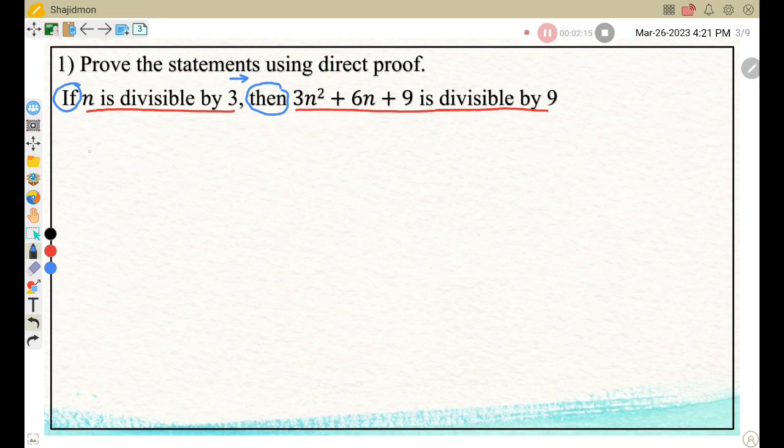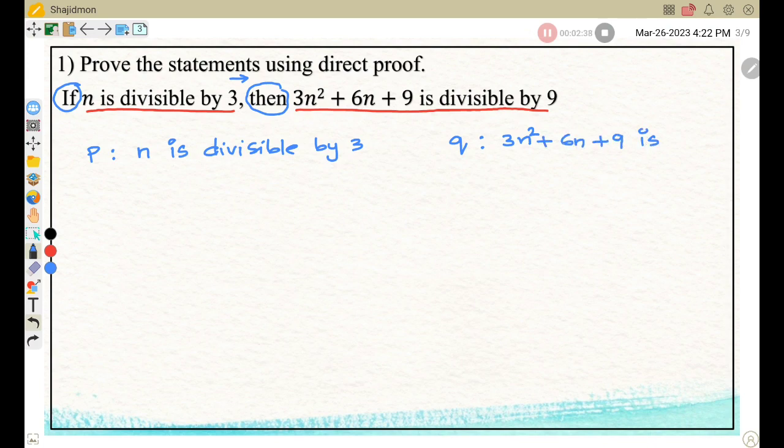First we write what P is here. P is: n is divisible by 3. This is the P statement. Now what is the Q statement here? Q means 3n square plus 6n plus 9 is divisible by 9.